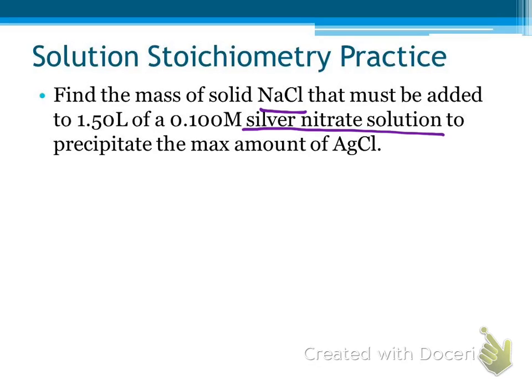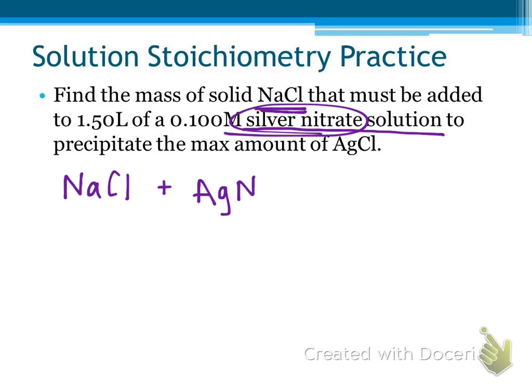Okay, so let's write out our formula equation. What mass of NaCl, that's got to be one of our reactants. NaCl has to add to our silver nitrate. So AgNO3. All of these are ones, so that makes our problem really easy. Okay? We know silver chloride is our precipitate because it says it in the problem.